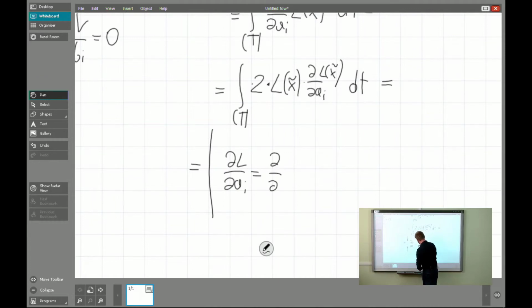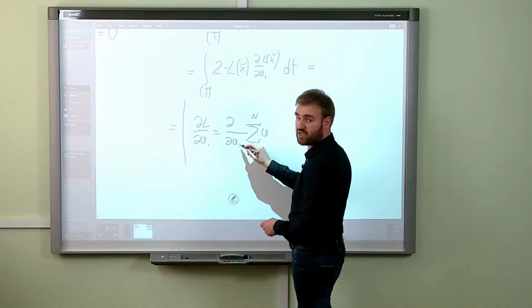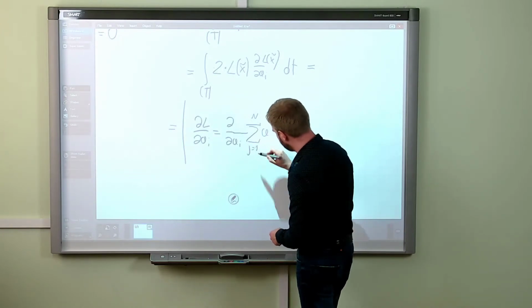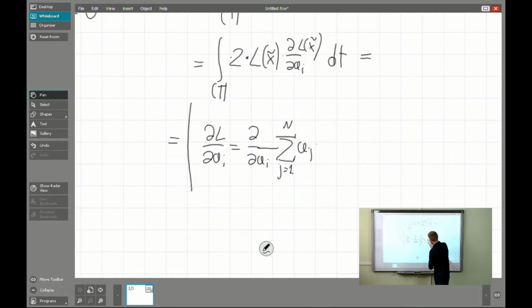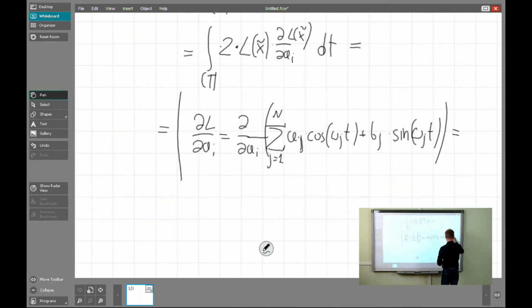It will be the integral of the sum from i = 1 to N of the... sorry, I have to change the index, because if we have the i here, it will be a parameter. That is why I will be summing over j this time. And it will be Aj cosine omega j t plus Bj times sine omega j t, and everything will be taken in parentheses.